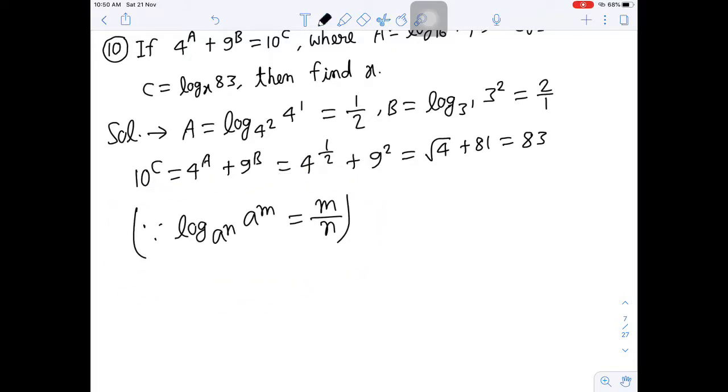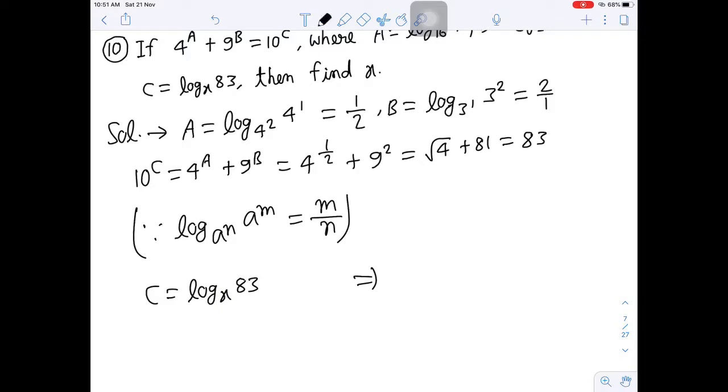Okay, next we have to find x, where c is. So we got 10 to power c equal to 83. Now from this equation, where we have c equal to log 83 base x, if we remove the log, then the left hand side will become x to power c equal to 83.